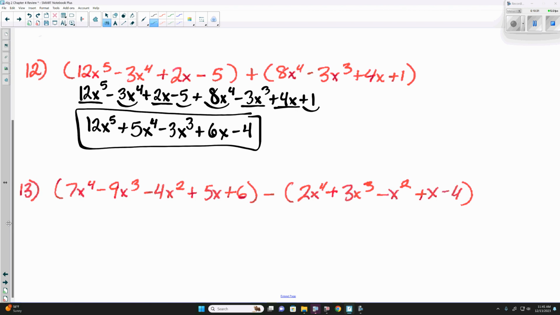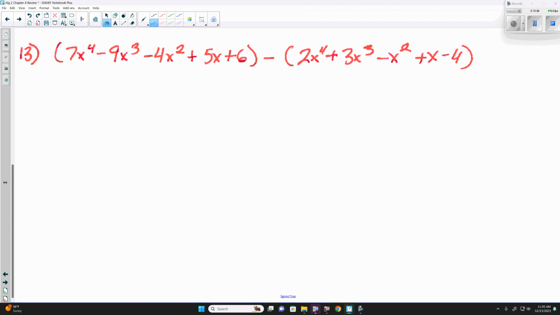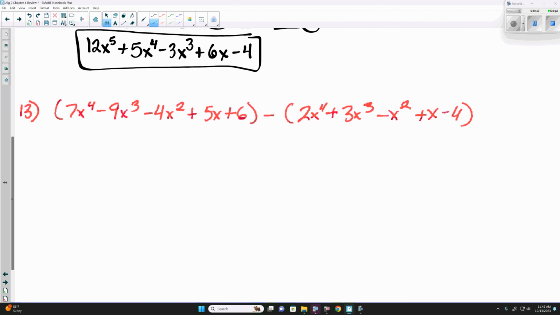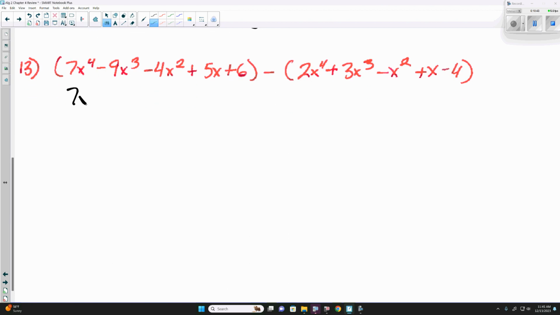Similar, but this time we're subtracting. And we're looking at subtraction. We can drop the parentheses for the first term. We don't need them. But our second set of parentheses, the one we're subtracting from the first, we have to distribute that negative, which takes our positive 2x to the fourth and turns it into a negative 2x to the fourth.